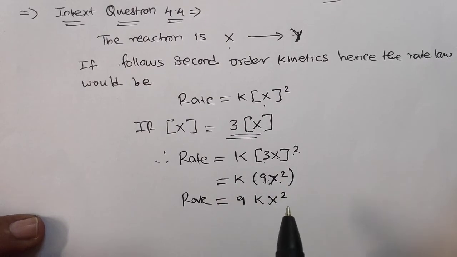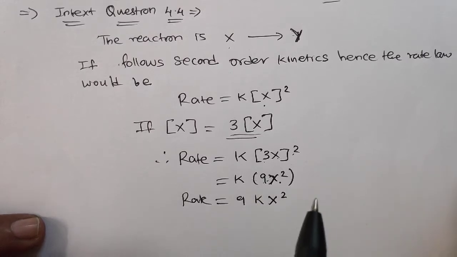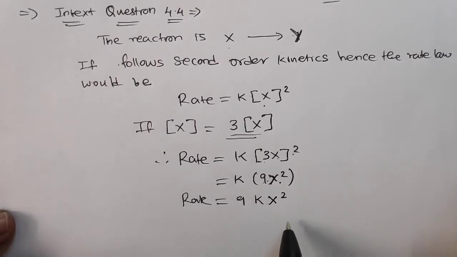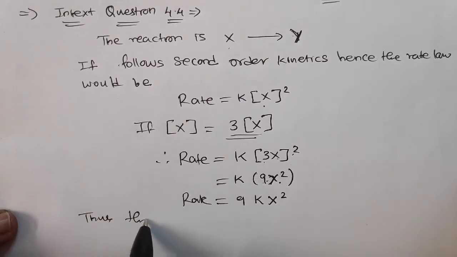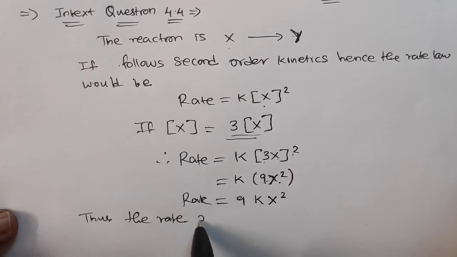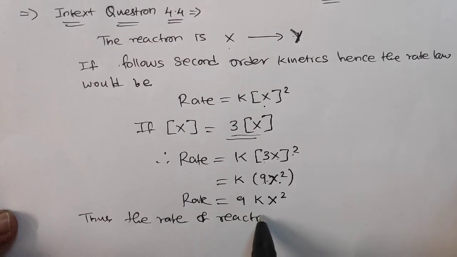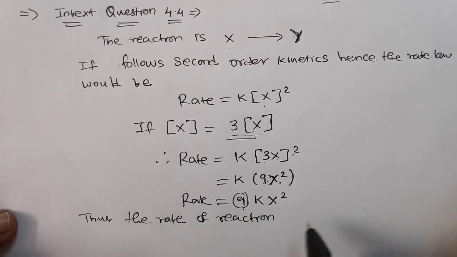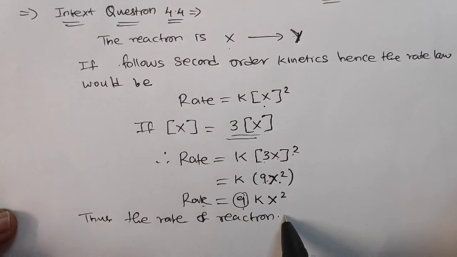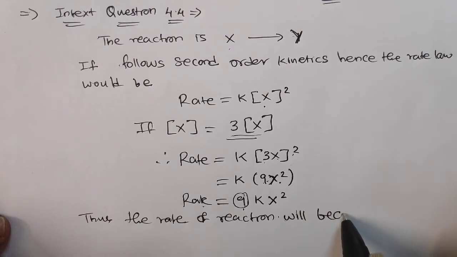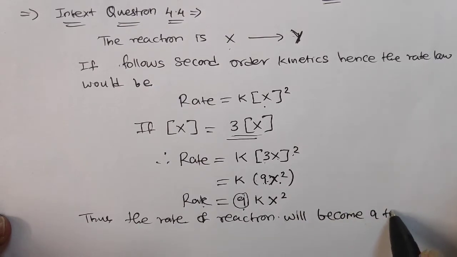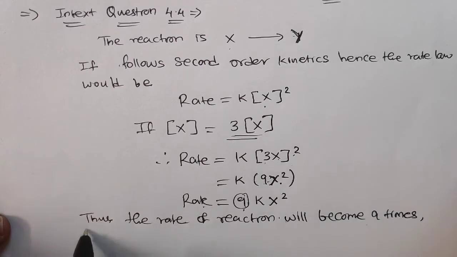Now what is the question? The question is how will it affect the rate of formation of Y? So we can write like this: thus the rate of reaction becomes 9 times.